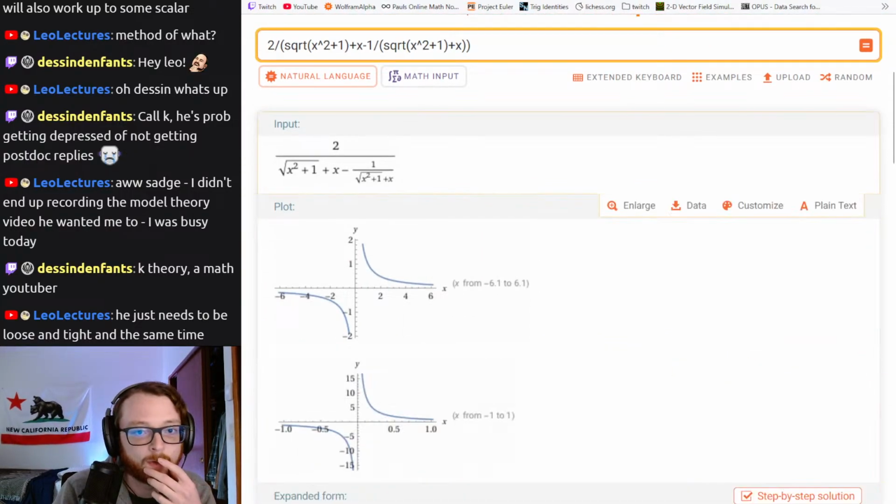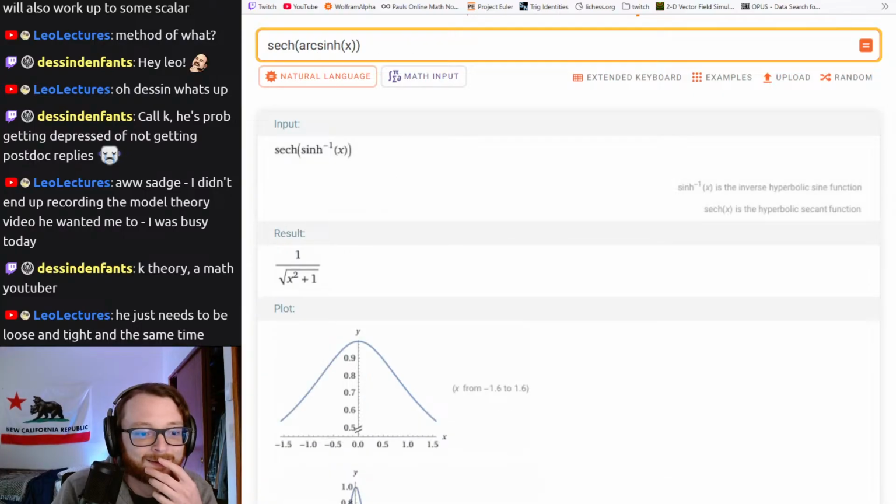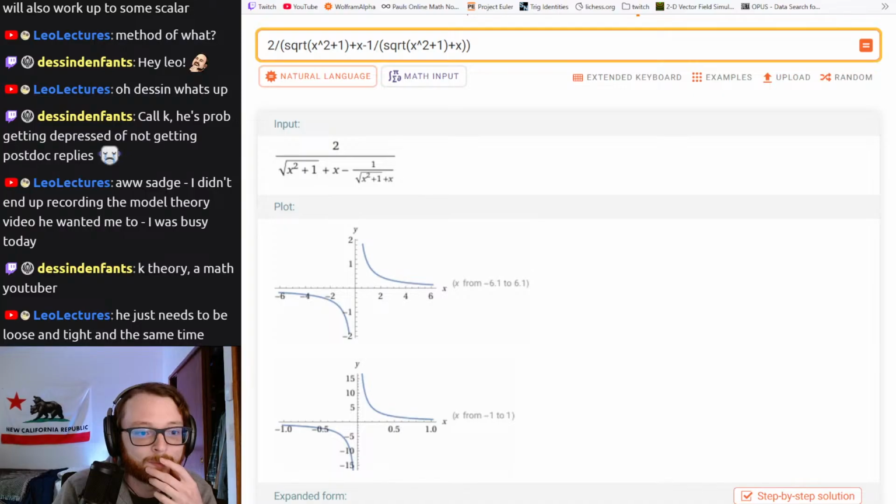It is 1 over x, so I'm doing something wrong with how I compose them.